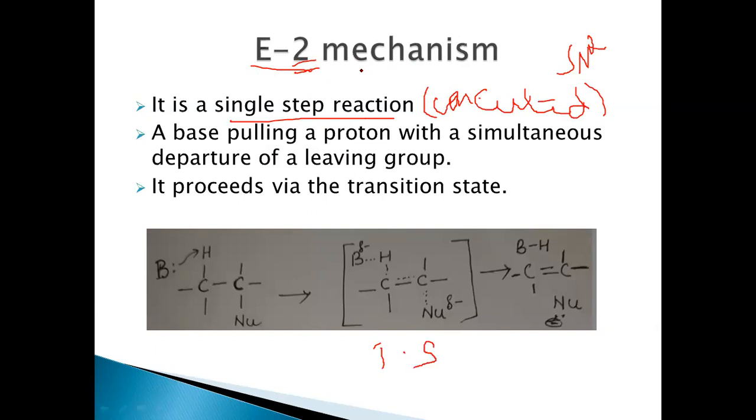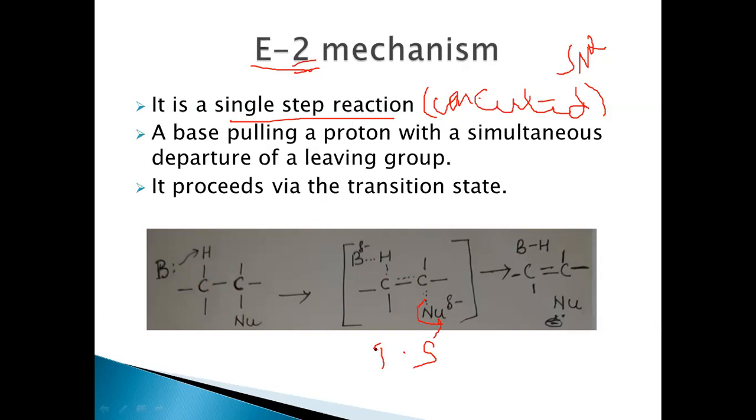So it's a concerted reaction where the C-H bond and the C-Nu bond breaking occur in a single step. The base here abstracts a proton, and at the same time the nucleophile is leaving. This can be seen in the transition state, where the C-H bond breakage and C-Nu bond breakage occur in a single step.